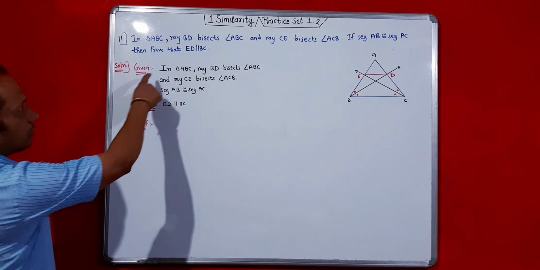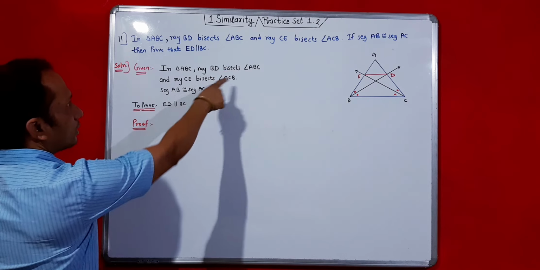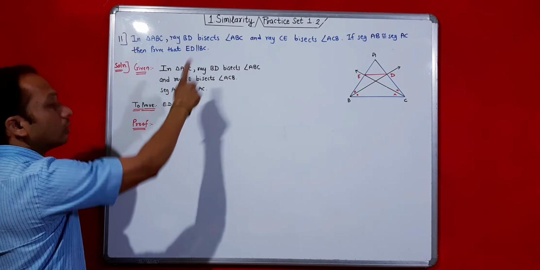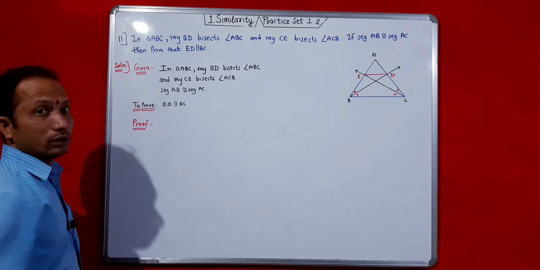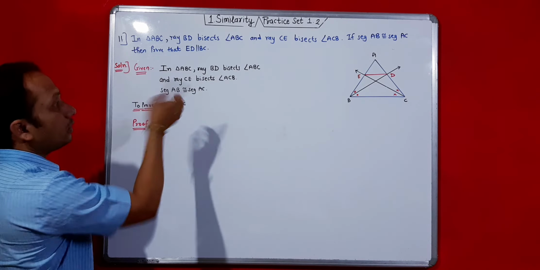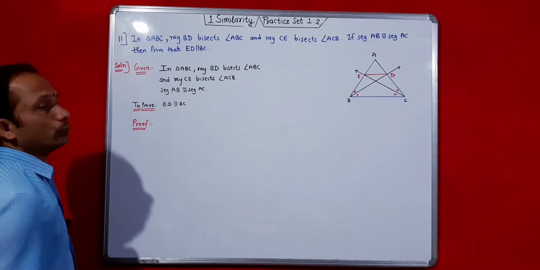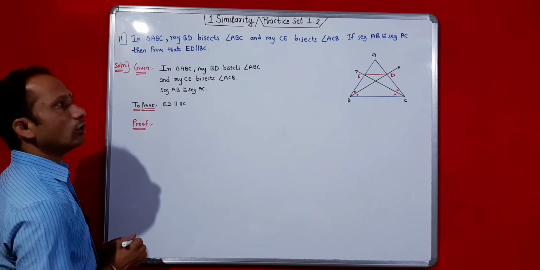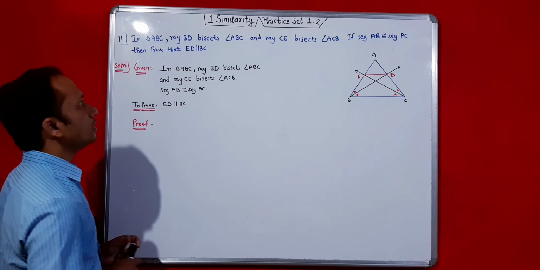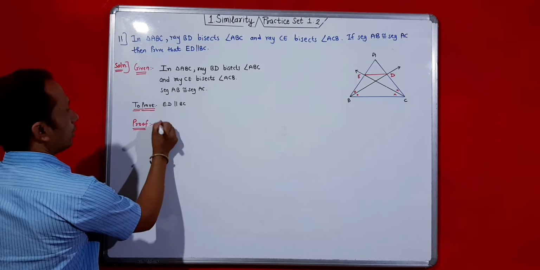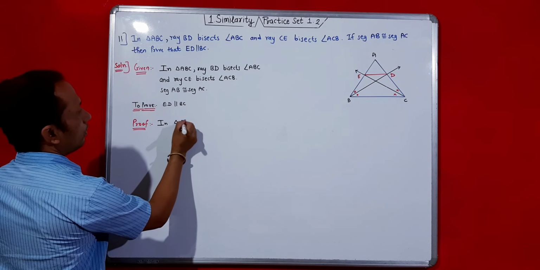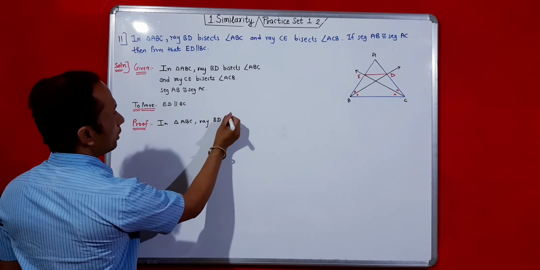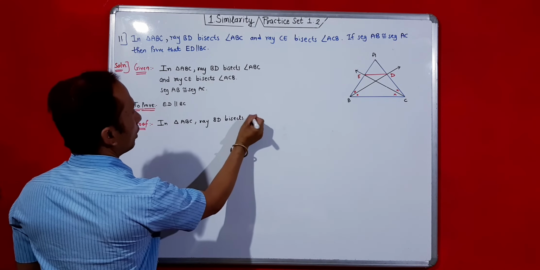So first, the given I have written: in triangle ABC, ray BD bisects angle ABC, ray CE bisects angle ACB, seg AB congruent seg AC, and to prove ED parallel BC. And now we are going to write the proof. In triangle ABC, ray BD bisects angle ABC.